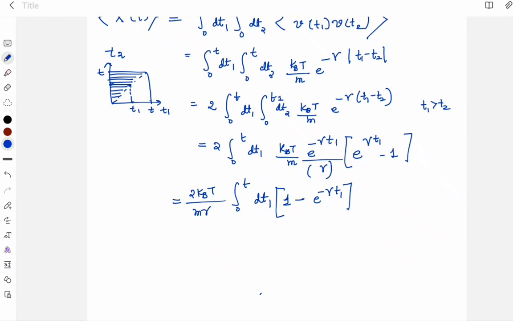Now let us do this integration. So we will have 2kBT over mγ, with t minus 1 over γ e^(−γt) plus 1.